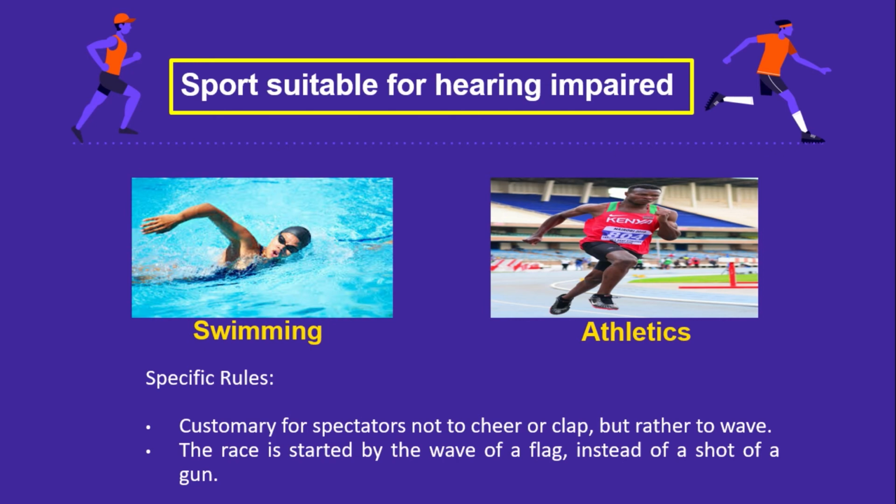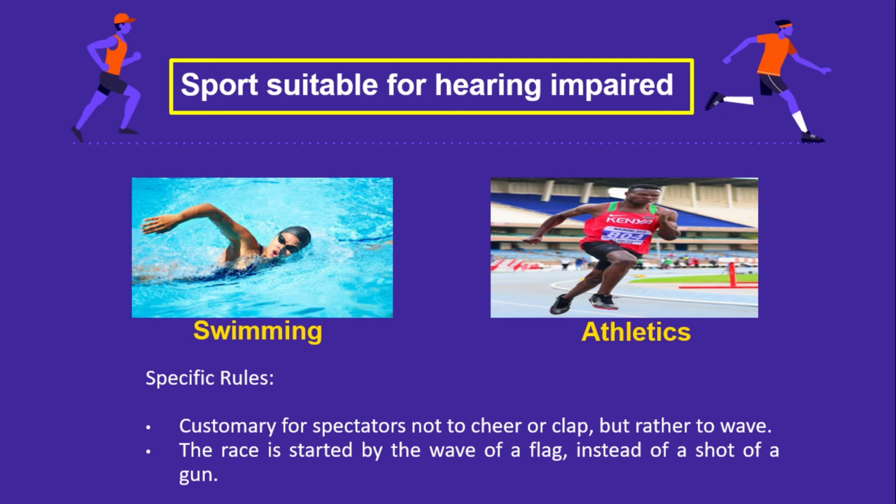However, this limitation would disappear with adjusted rules of the games. The sport I'm going to present is not a special sport, and the only adaptation is to make the auditory cues visible, such as the use of a strobe light for the starting signal or using a flag for refereeing.